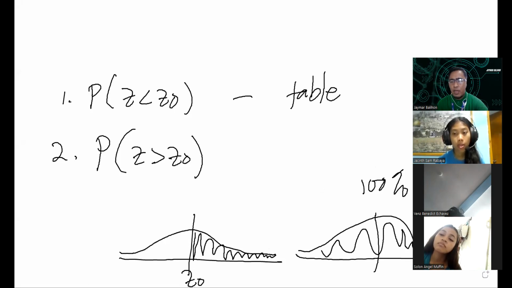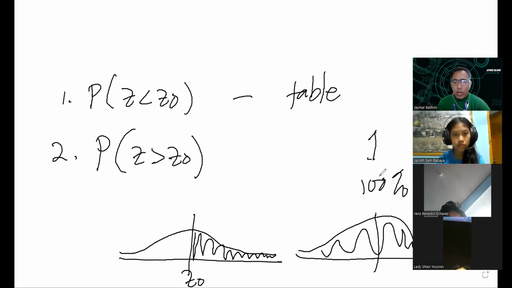So what will we do with the greater than and the 100% to get the less than? Any suggestion? Can you look here? Minus, sir? Yes, very good. This is 1 or 100%.